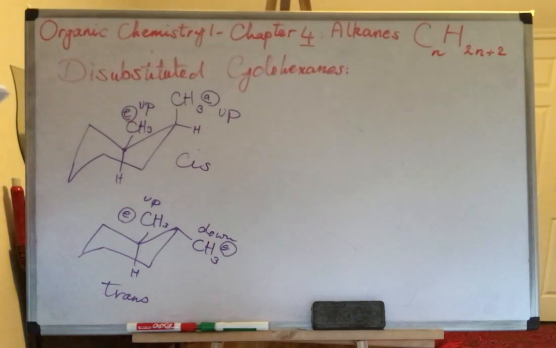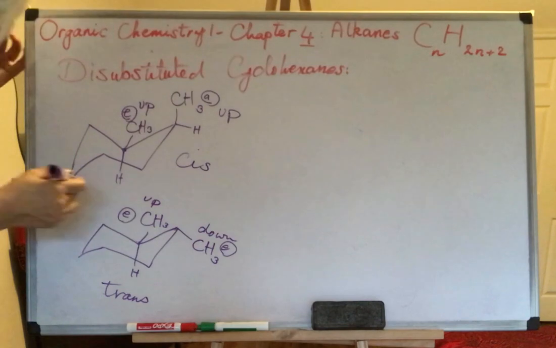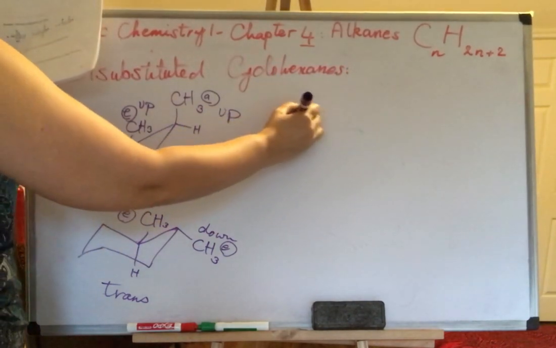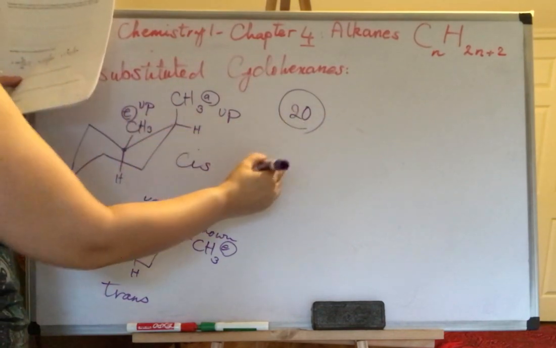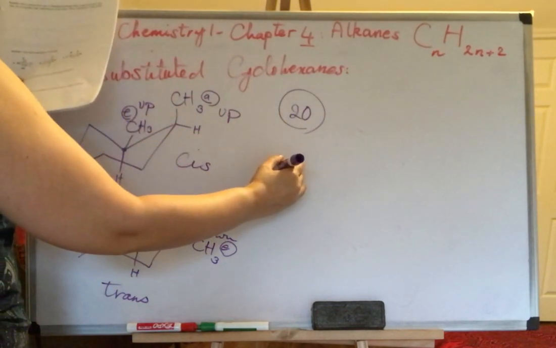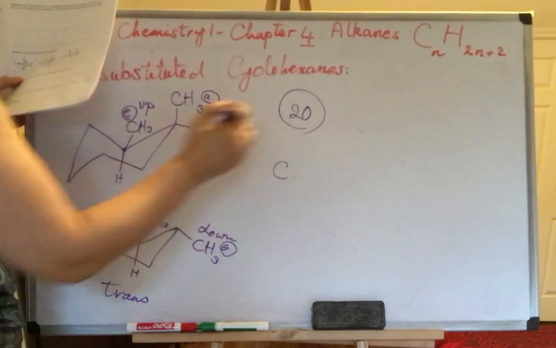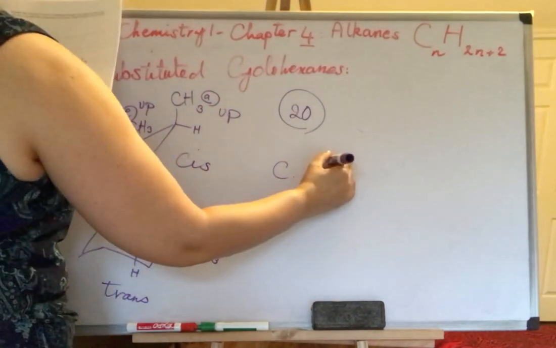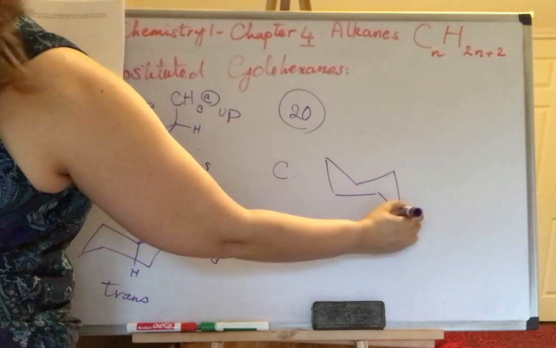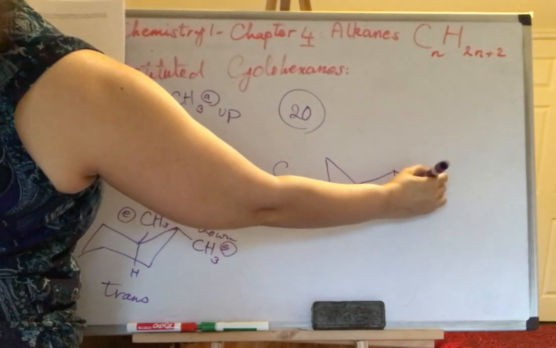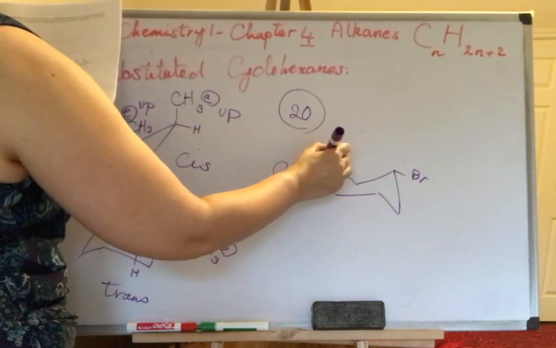Now, I will work on only one of these practices on page 20. This video is becoming very long. Let's work on C. We're supposed to determine cis or trans.